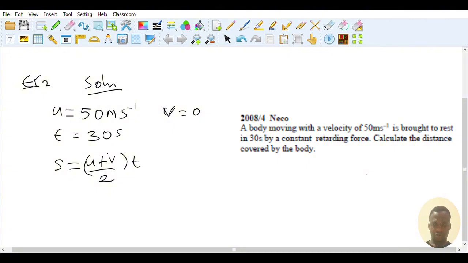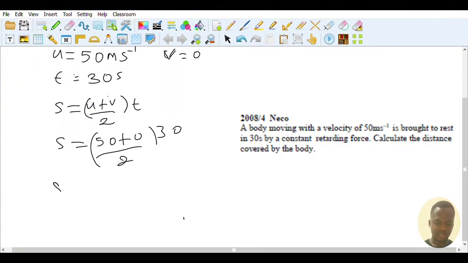Is 0. So if we substitute into these, we should have s is equal to 50 plus 0 all over 2 times 30. Okay, this will give us s is equal to 50 over 2 times 30. This is 15.